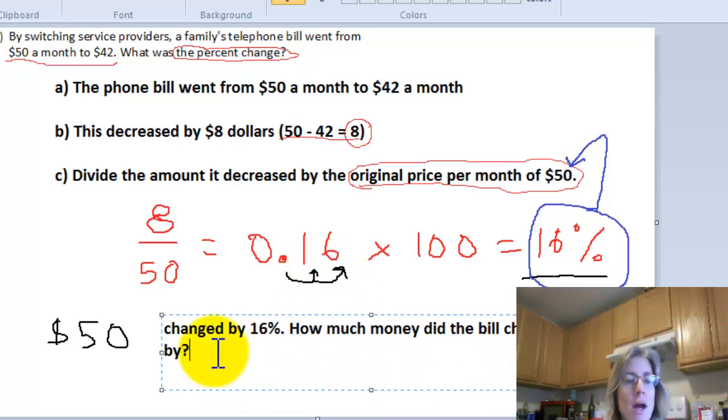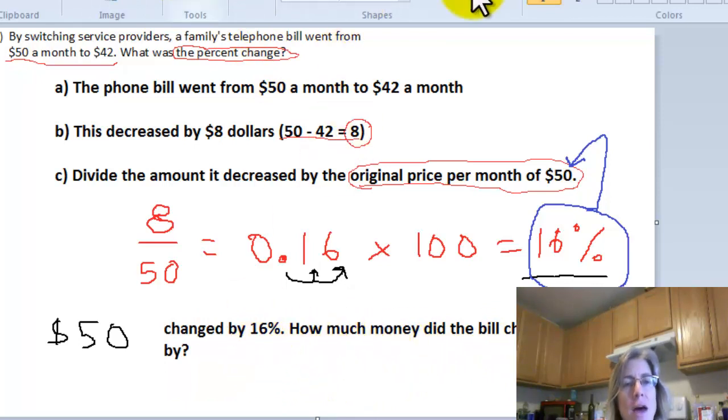So if $50 changed by 16%, then we have to find out how much of the $50 it changed.